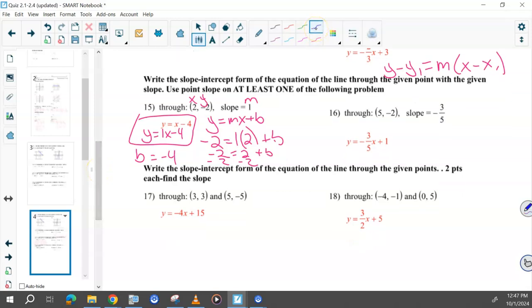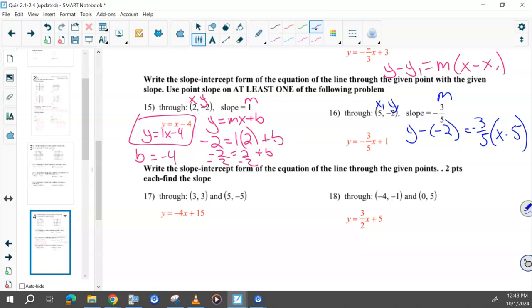So if I'm using this one, this would be x1, y1, and this is m. As I start to put this in, it would be y minus a negative 2 equals negative 3/5 times x minus 5. So it should look something like this, where you have that double negative.